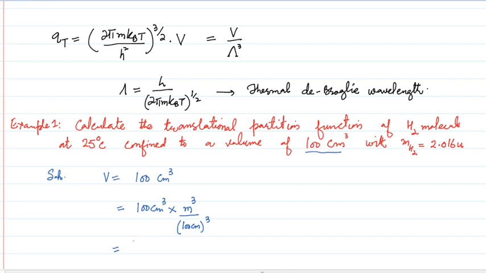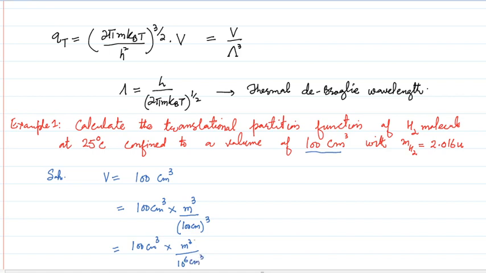So simply we will write here 100 cubic centimeter into cubic meter upon 10 raised power 2 multiplied by 3, that is 10 raised power 6 cubic centimeter.